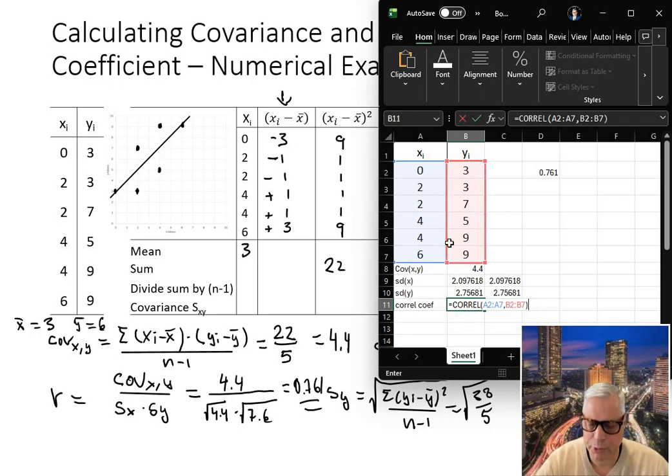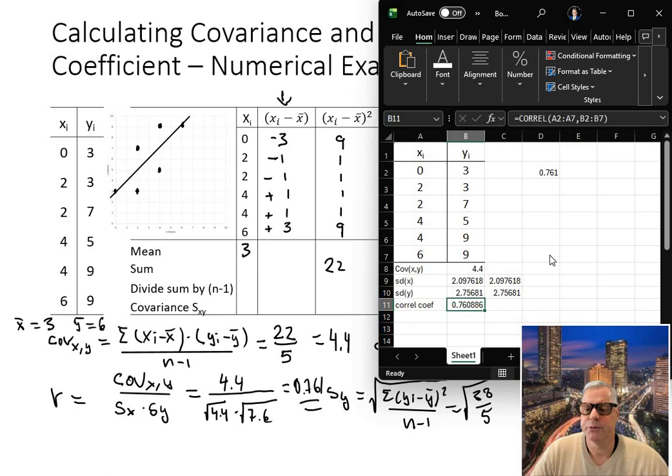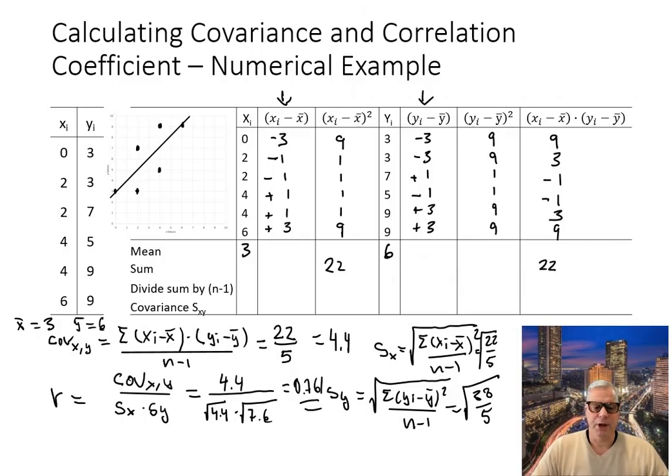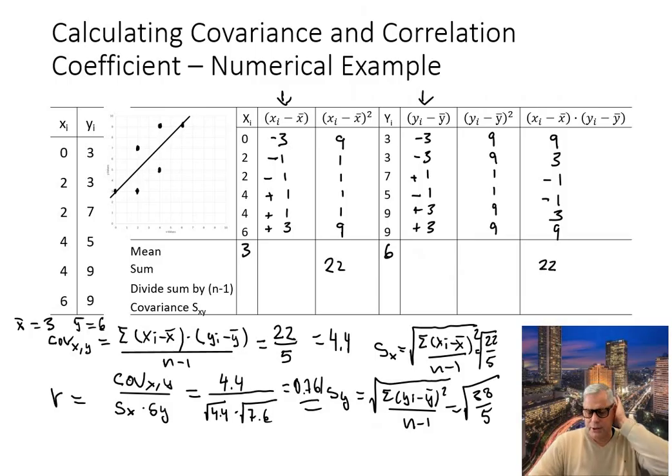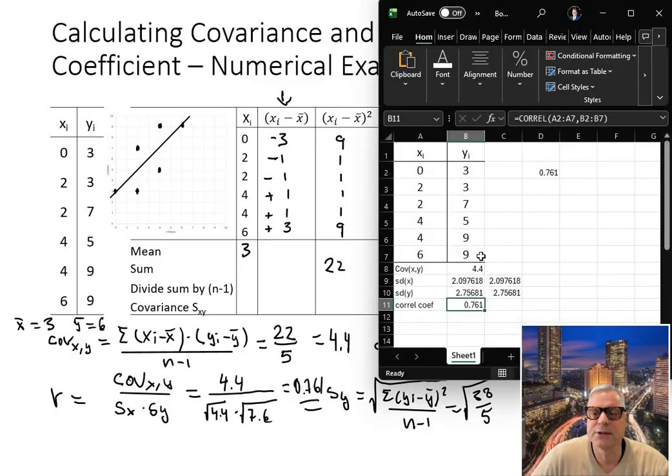So now we should get 0.761, which we do, when we round. Okay, so now we have seen how to calculate the correlation coefficient and the covariance, and the correlation coefficient is obviously the more meaningful one because it can be interpreted and it can be compared. So now you know how to calculate it.